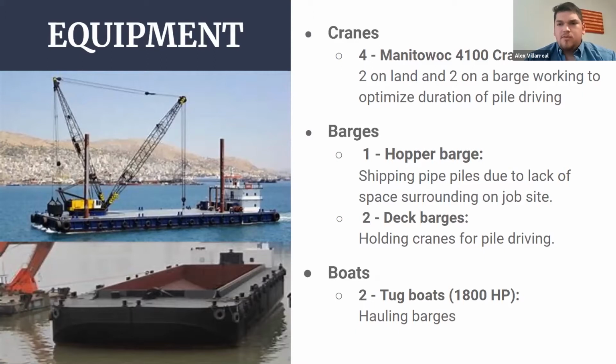Whenever we came across using 4 cranes, we thought it may be a little much because we're limited on space, but we saved a lot of time and money after putting them into heavy bid. As soon as we get done pile driving those, we get 3 out of the way immediately. So it'll save us time, money, and efficiency. And the boats we're using to tug the barges are 2 tugboats at 1,800 horsepower.